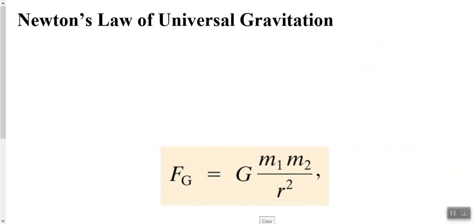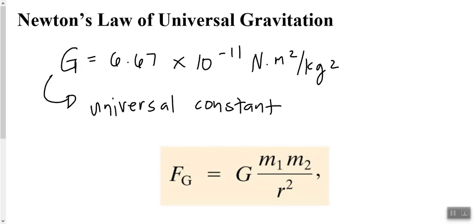Given the two relationships that Isaac Newton was able to see, we combine all these factors, and also use the value of G, which is 6.67 times 10 raised to negative 11 newton meter squared per kilogram squared, a universal constant, true for all planetary objects that revolve around a sun.